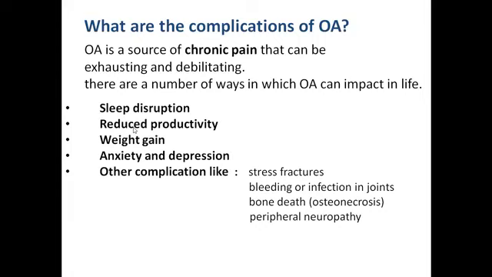There are a number of ways in which osteoarthritis can impact life, like sleep disruption, reduced productivity, weight gain, anxiety and depression, other complications like stress fracture, bleeding or infection in joints, bone death, peripheral neuropathy. These are the complications you'll find in osteoarthritis.